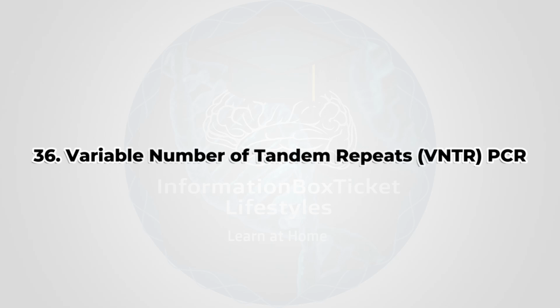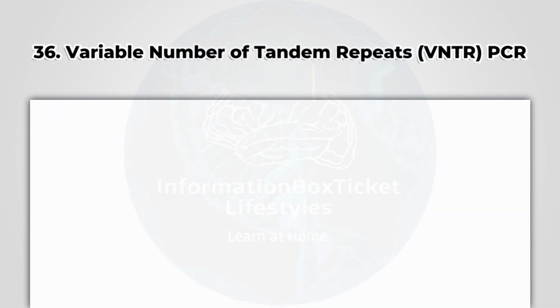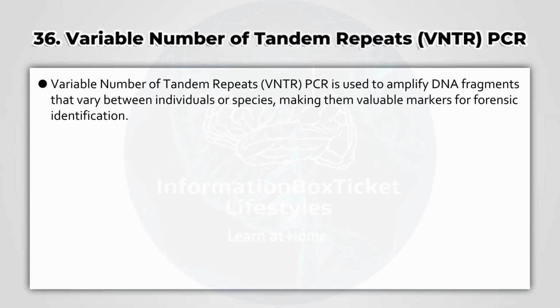36. Variable number of tandem repeats, VNTR, PCR. Variable number of tandem repeats, VNTR, PCR is used to amplify DNA fragments that vary between individuals or species, making them valuable markers for forensic identification.